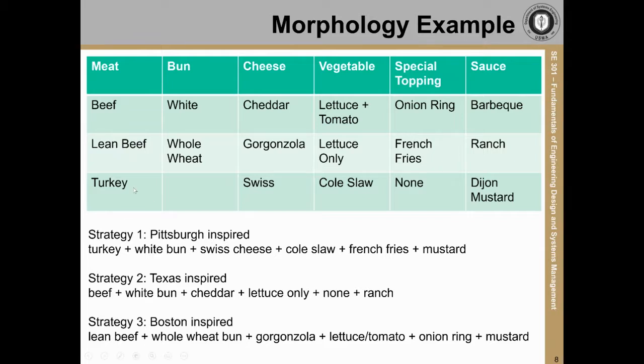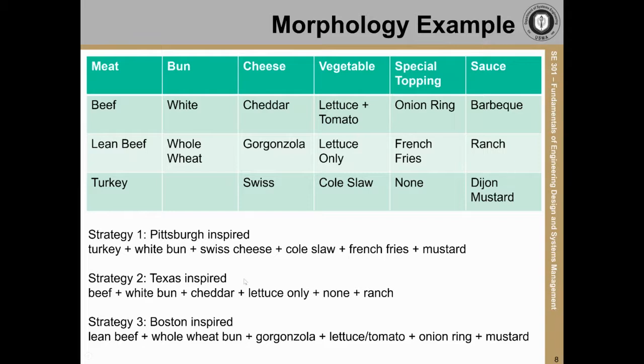So she went for a turkey burger because Pittsburgh's evidently gone young and hip, and folks are kind of going into alternative meats for burgers. A white bun, Swiss cheese, coleslaw as a vegetable, French fries as a special topping, and Dijon mustard. And it's supposed to be representative of a Primanti sandwich, if any of y'all are familiar with Pittsburgh.